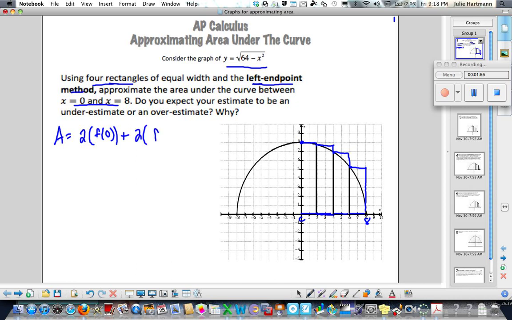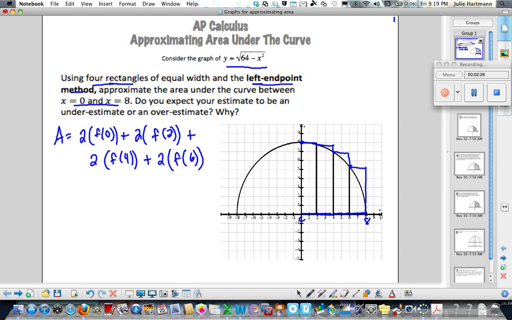The height is f of 2 because that's our left endpoint. The next rectangle, we have a base of 2 again, times a height, which is f of 4. And then our last rectangle, between 6 and 8, our base is 2, and our height is the left-hand side of that, it is f of 6.